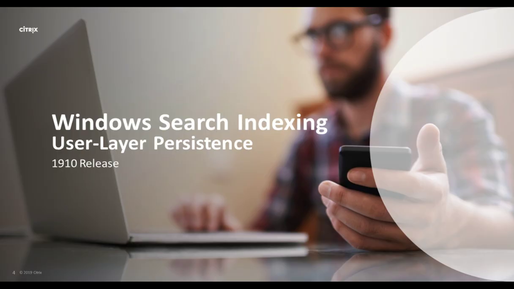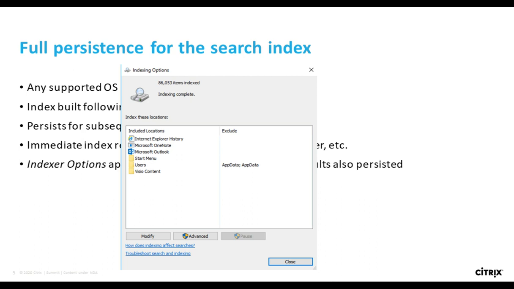Okay. Next thing we're going to talk about is search index persistence on the user layer. It's another really important aspect of what was developed this year. It's important to realize what we had before, right? So before this feature, which came out in 1910, every time you logged in, if you had an OST file and you had indexing turned on, or if you had file system indexing turned on, indexes were recreated every logon, right, to the system.